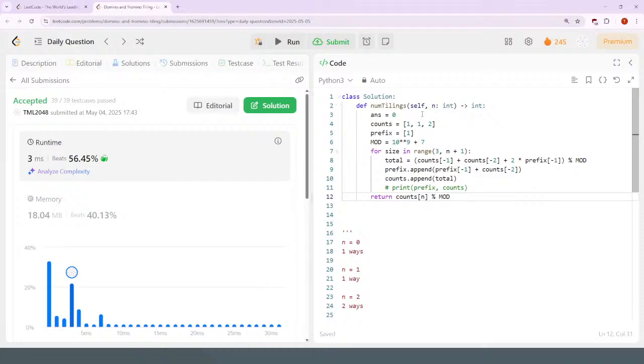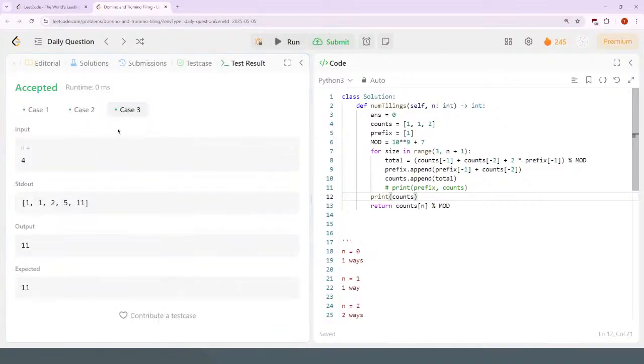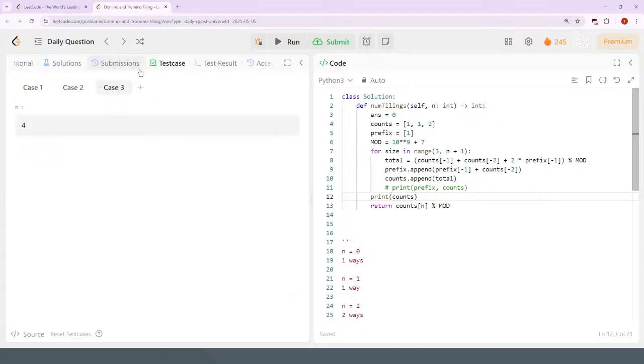I mean, okay, let me go ahead and do something, let's do the test case. Let's go ahead and print the counts. I'm going to do it for n is, let's say, 10.